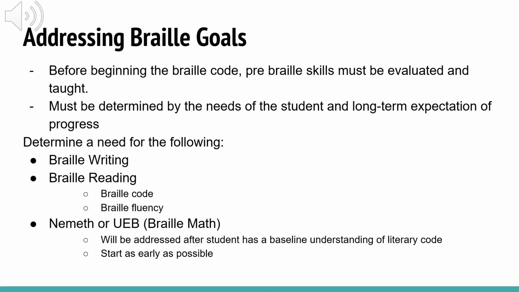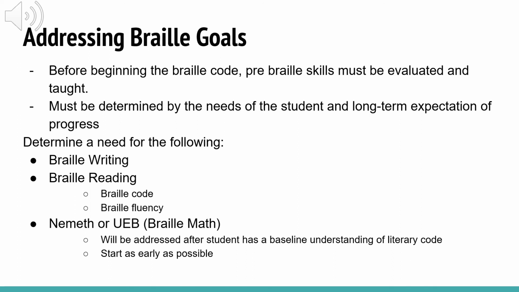Before beginning the Braille code, pre-Braille skills must be evaluated and taught. They must be determined by the needs of the student and long-term expectation of progress. This is where the baseline data from our FVLMA will be used to determine the goals needed.